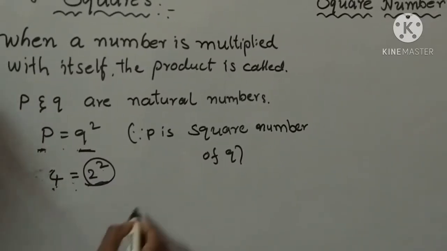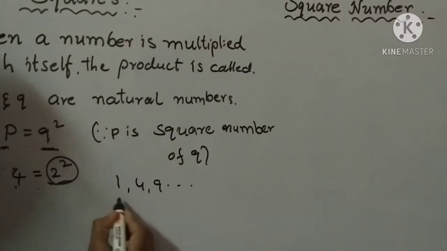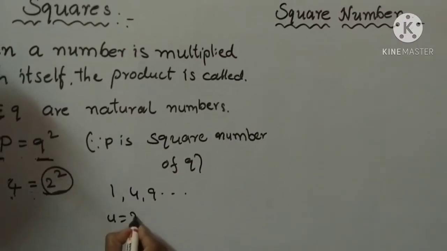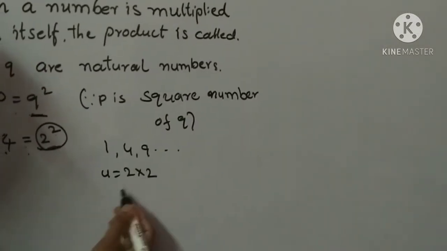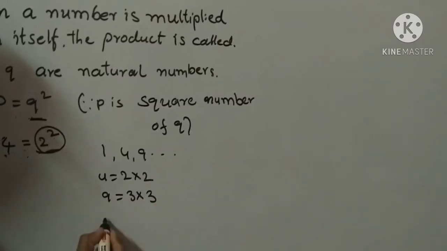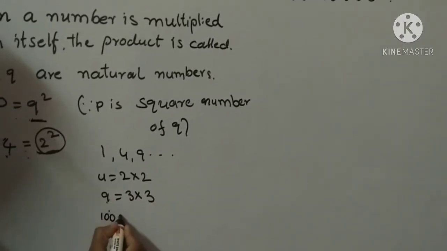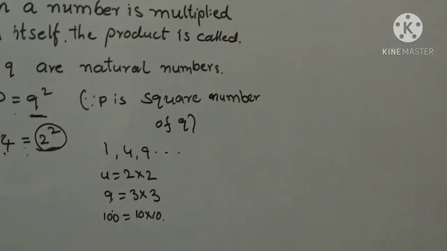We know already that 1, 4, 9 and so on are square numbers, because 4 is 2 into 2, 9 is 3 into 3, and 100 is 10 into 10, like that. These are square numbers.